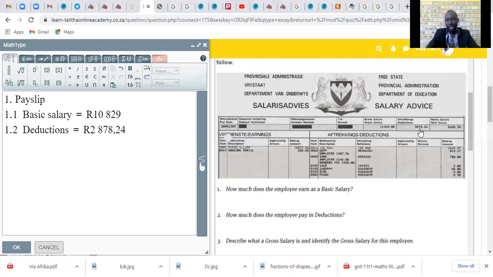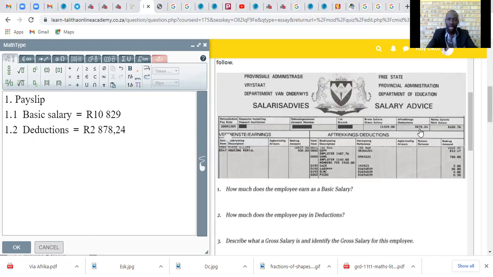Now, notice that these deductions normally don't include an advance that you will have taken in case something has happened during the month and you have taken some money, like an advance to help you through the process. This type of deduction is not normally for that type of salary advance.